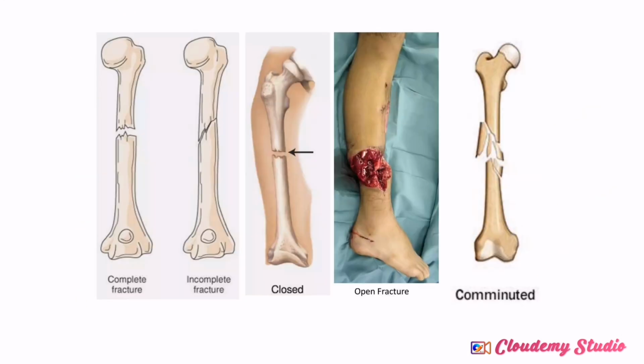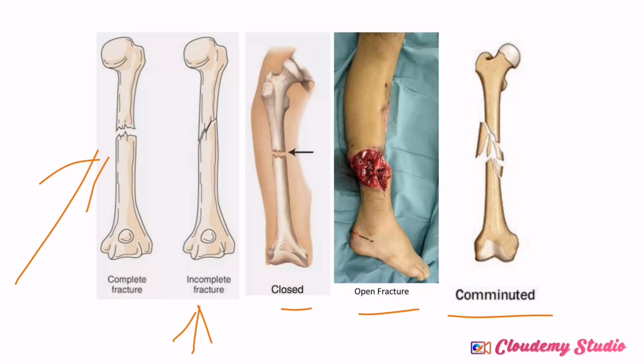So these are the types of fracture. Here is the complete fracture, then incomplete fracture, then closed, open fracture, then comminuted. You can see the differences here.